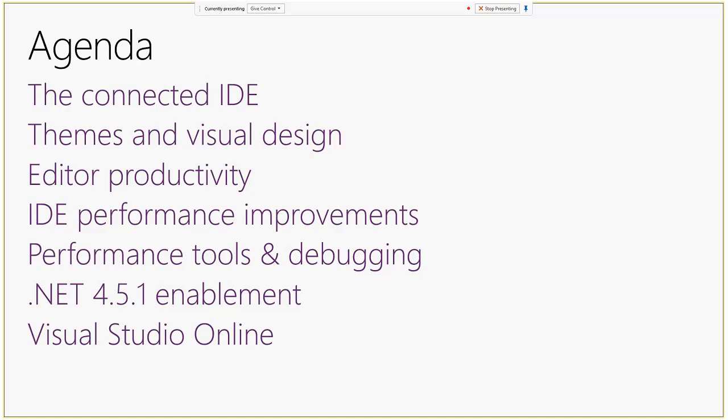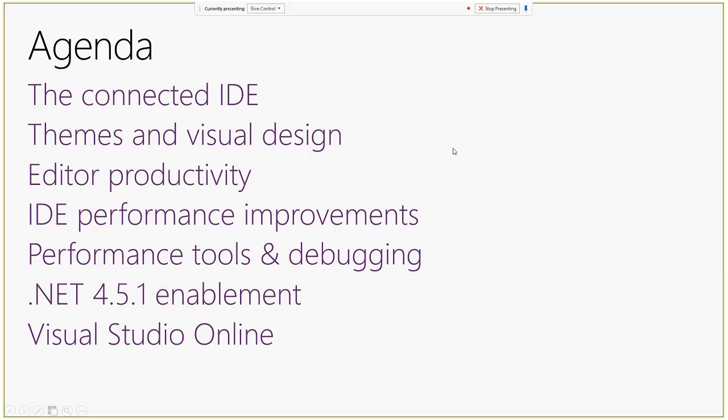At the end of the session, we'll be talking about Visual Studio Online and how we as a development team can collaborate with each other in terms of source code and source control, how we add our projects to source control, how we work as a team regarding team room and collaboration, and how we organize our work in terms of Agile, CMMI, and other stuff. So let's start with the connected IDE.